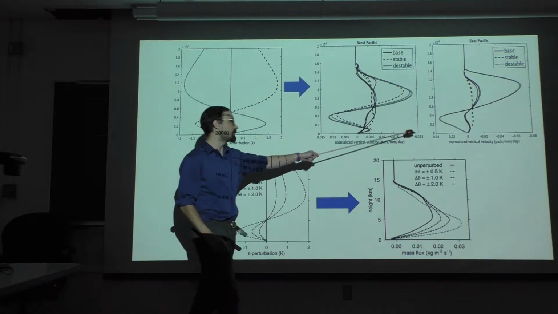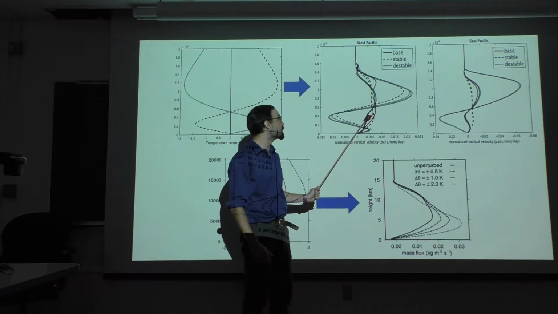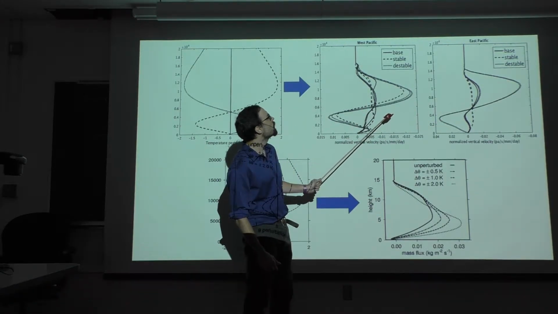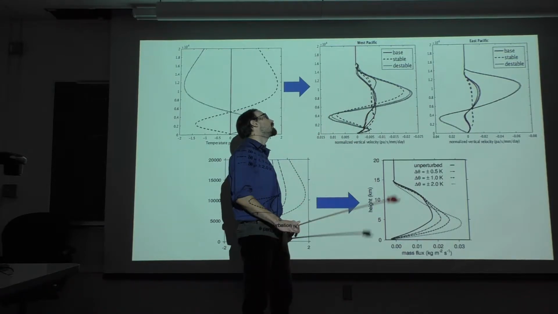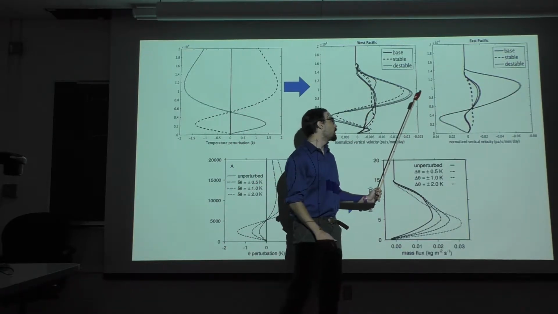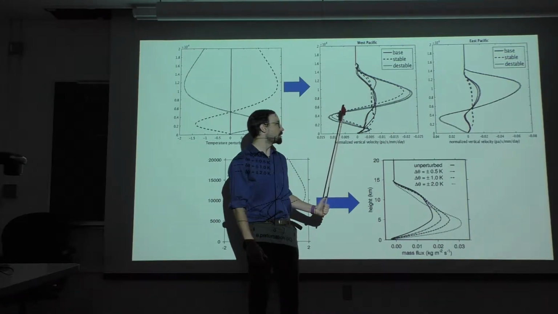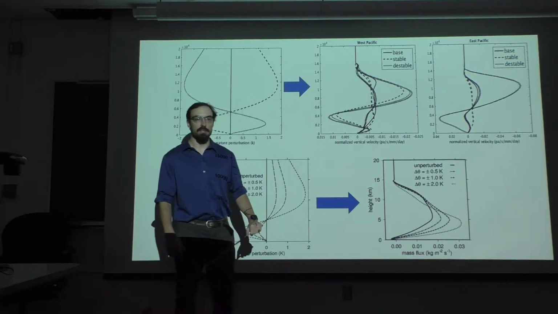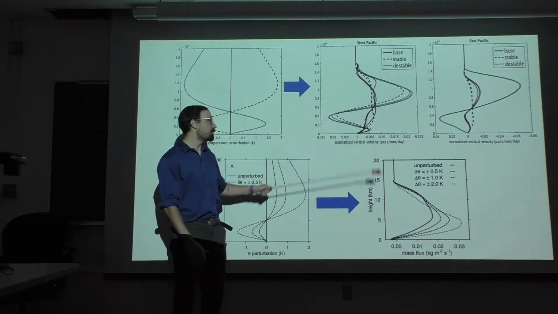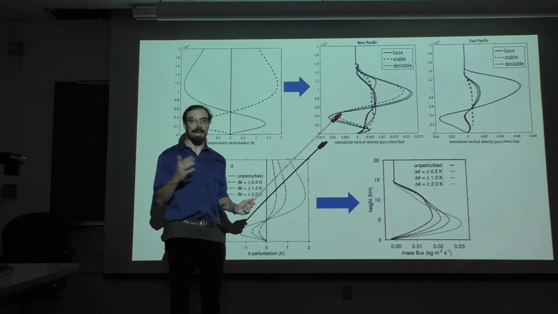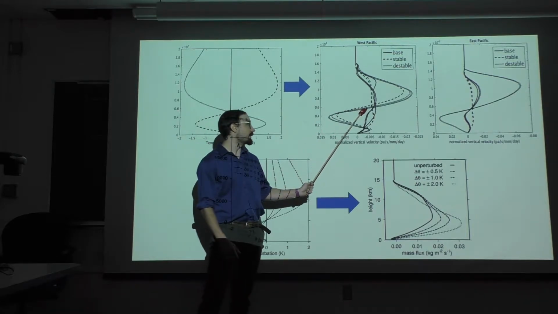Yeah, this is the East Pacific cases, this is the West Pacific cases. As you can see, the moisture profiles are all grouped together. So the moisture profile doesn't tend to affect the shape of the vertical motion. It only changes the amplitude, except for three specific cases.